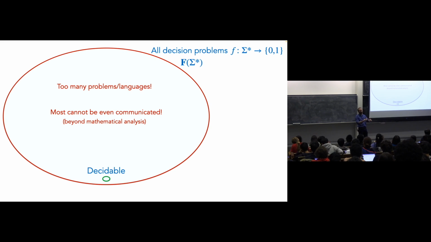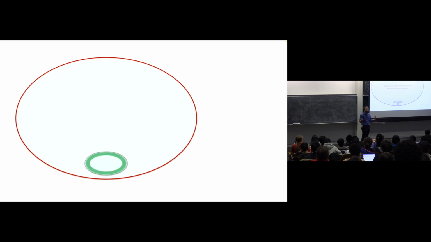If you take an arbitrary language which has arbitrary words in it, there is no way for me to define and communicate an arbitrary language like that to you. I cannot write it down with a finite description. It's just infinite random-looking strings. So a lot of these languages we cannot even communicate among each other. So maybe you could say they don't even matter that much.